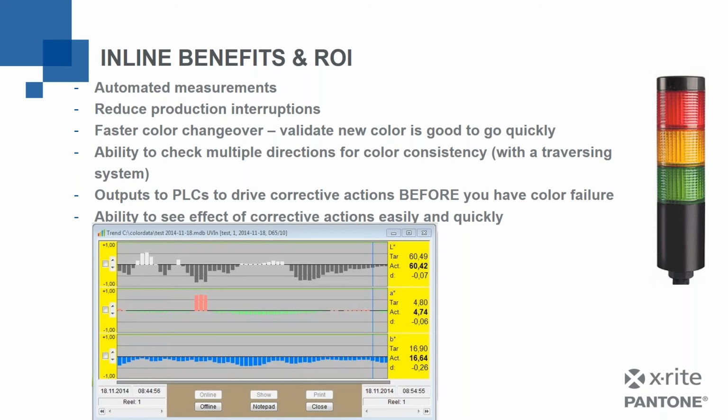So I'm going to show you another picture here from the software. This is another trend of measurements, and you can look across and see, for example, the 3 red bars right here where my color was a little bit on the green side, and all of a sudden something happened and it went red for 3 measurements.